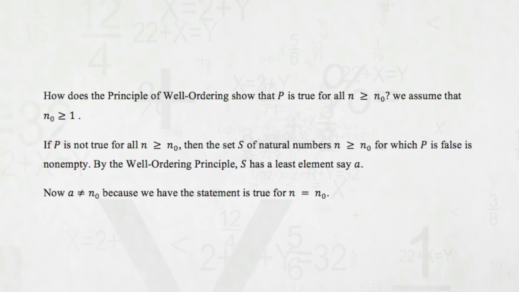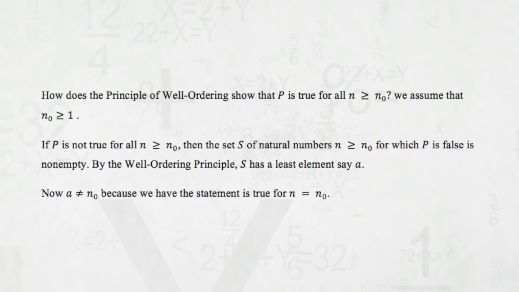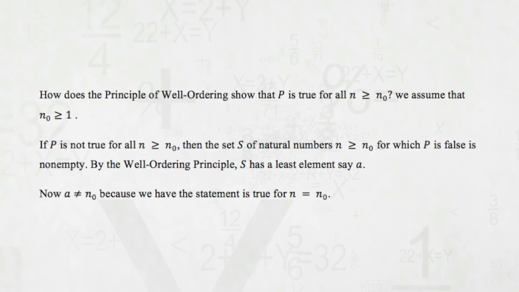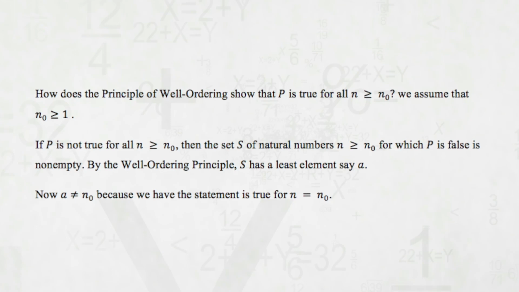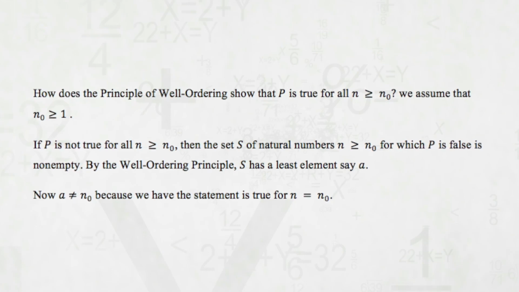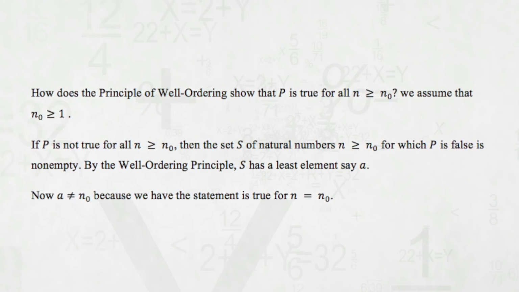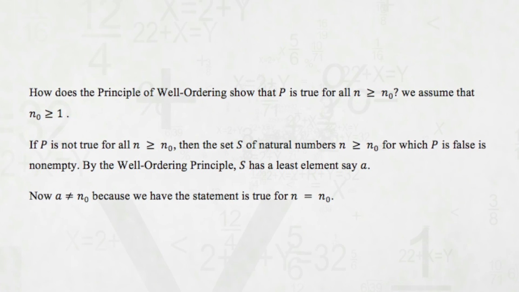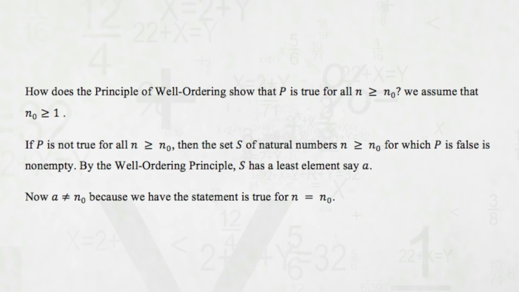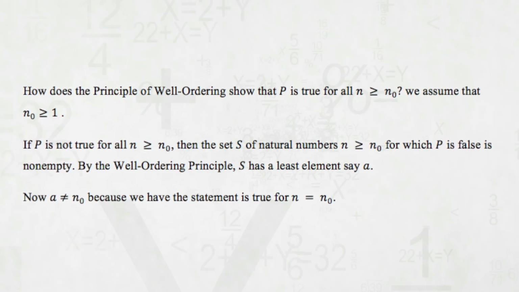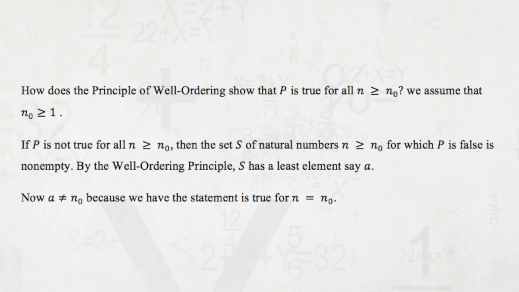If P is not true for all n greater than or equal to n naught, then the set S of natural numbers n greater than or equal to n naught for which P is false is non-empty. By the well ordering principle, S has a least element, say A. Now, A is not equal to n naught because the statement is true for n equal to n naught.